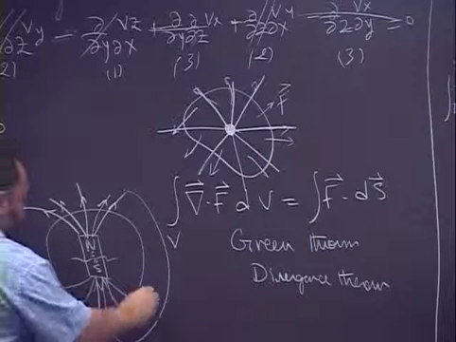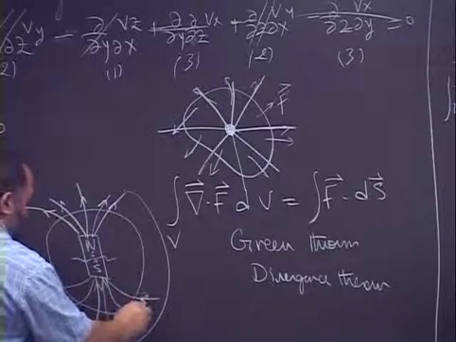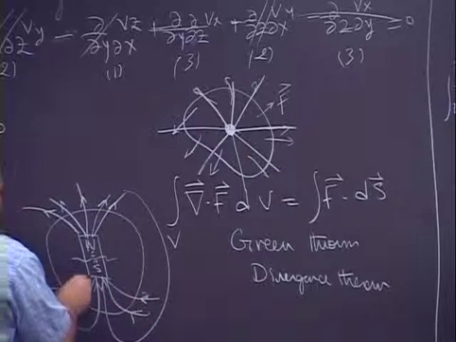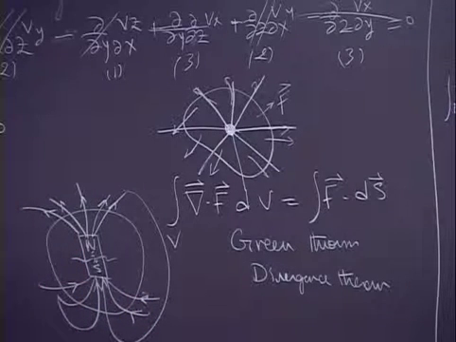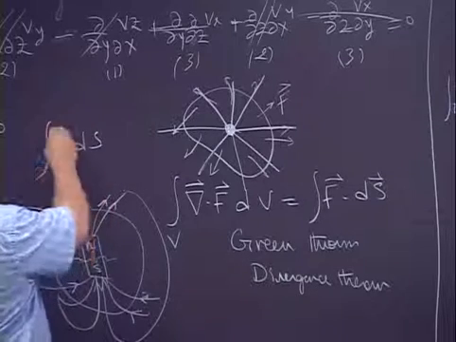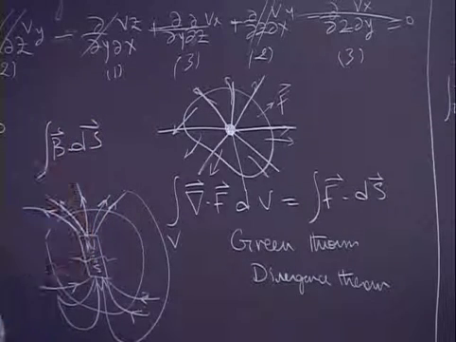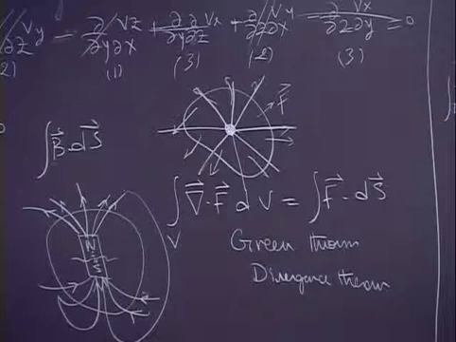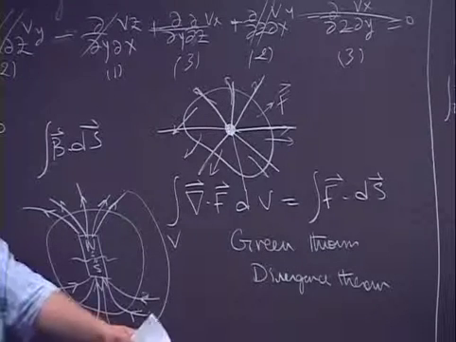So if you look at the number of field lines getting outside the volume and the number of field lines that get inside the volume, and you do the integral of B dot dS, this is just the summation of all the magnetic field lines that cross the surface, the positive minus the negative.